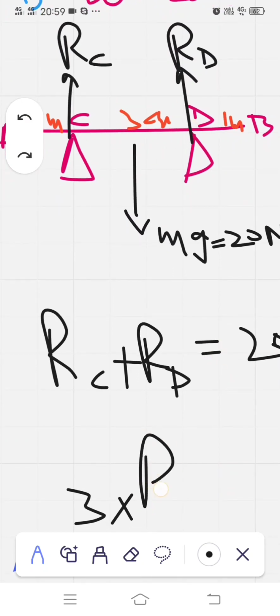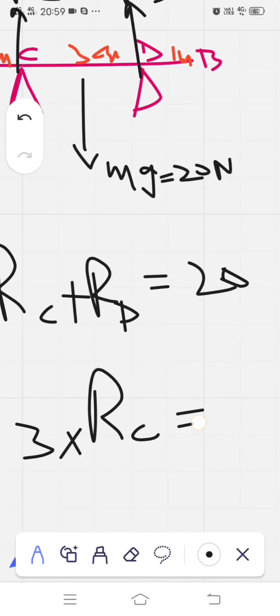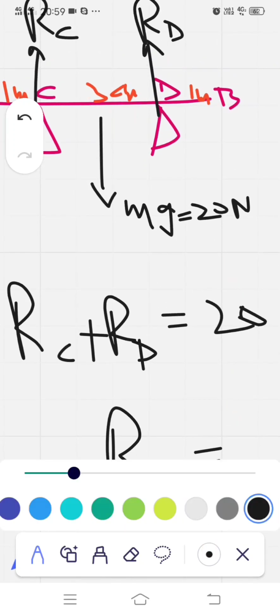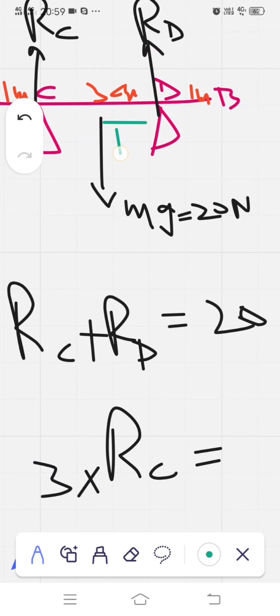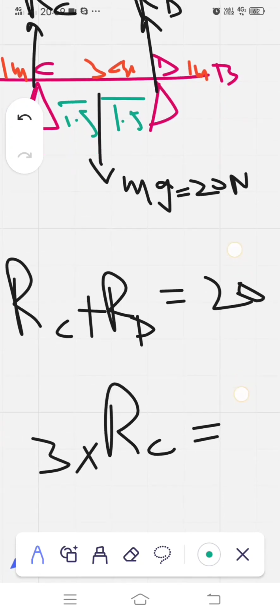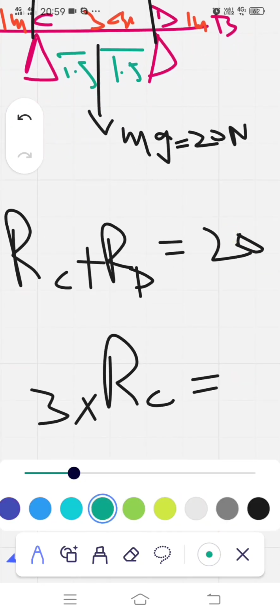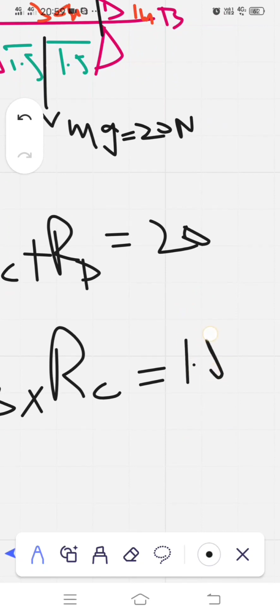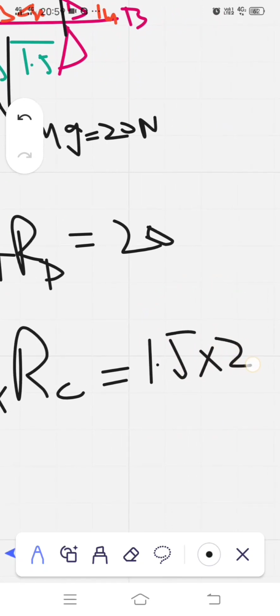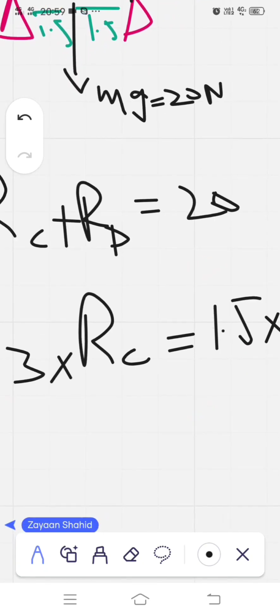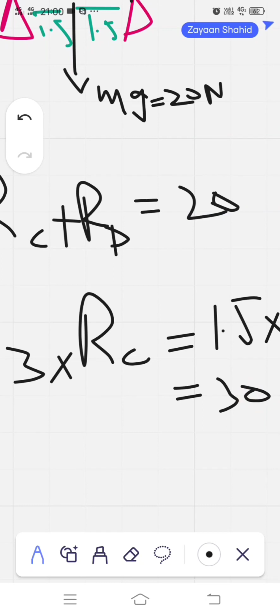So 3 multiplied by RC is equal to the weight, which is in the downward direction. For the weight, the distance will be 1.5 multiplied by the weight 20. So 20 times 1.5 is 30.